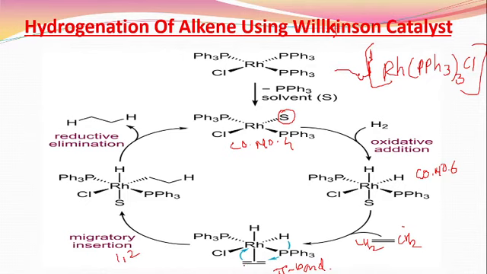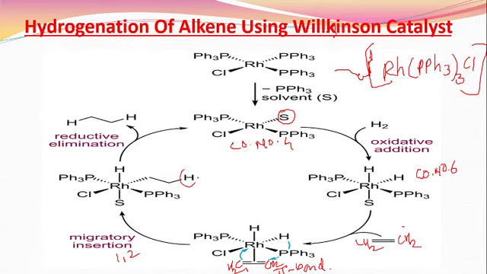Here, by breaking this bond, one CH2 is directly attached; this is carbon number 1 and this is carbon number 2. This one CH2 is directly bonded to the rhodium. At the same time, this hydrogen migrates or inserts into the other CH2 and it becomes CH2CH3.